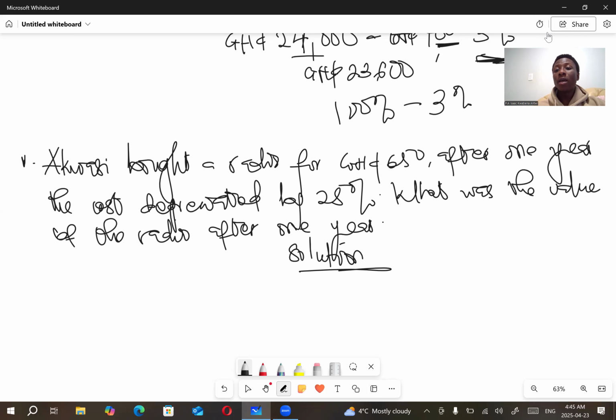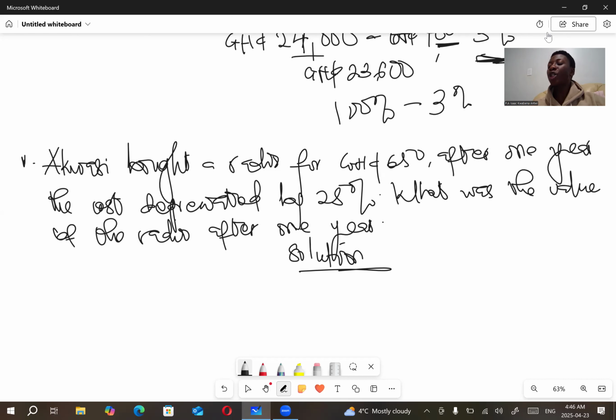I told you that you were able to tell the actual cost of the radio then, per the question's narration. You can see that depreciation is all about, after a period of time, the price of the item dropping, right?